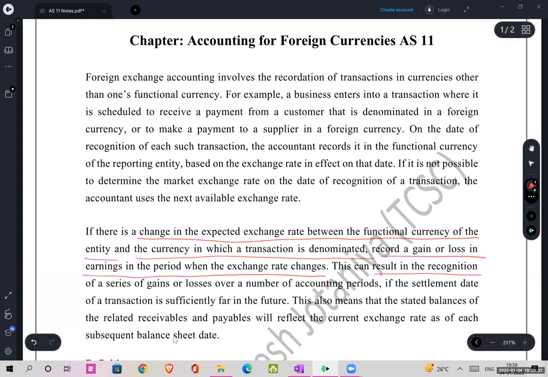This can result in the recognition of a series of gains or losses over a number of accounting periods, if the settlement date of the transaction is sufficiently far in the future.